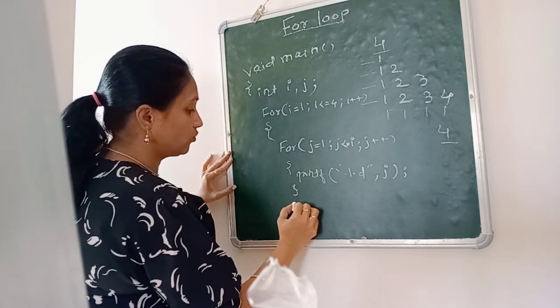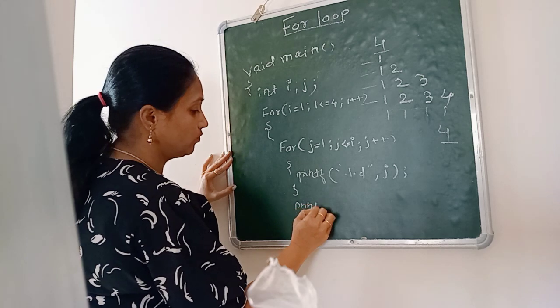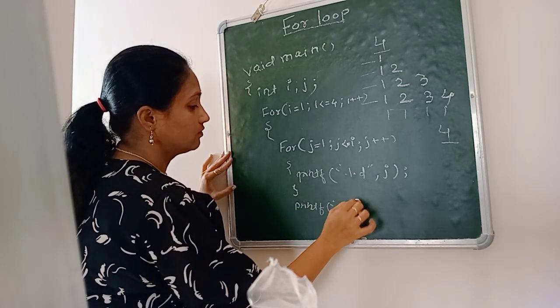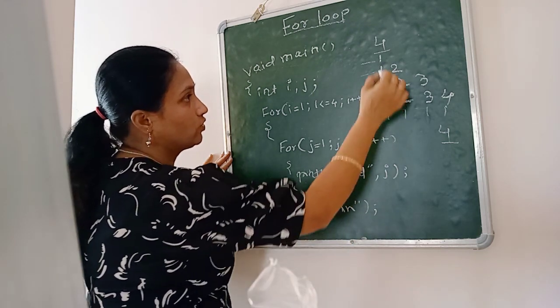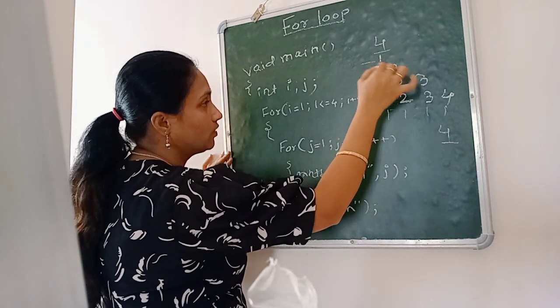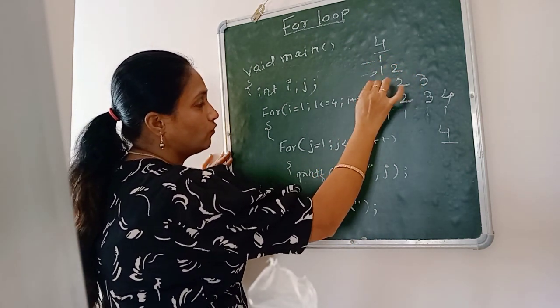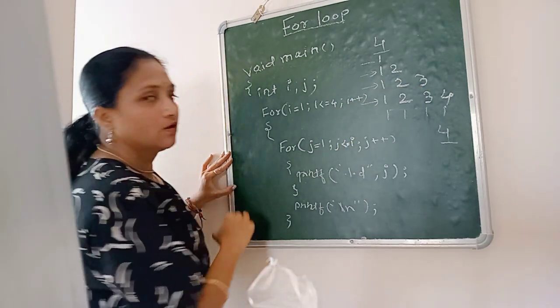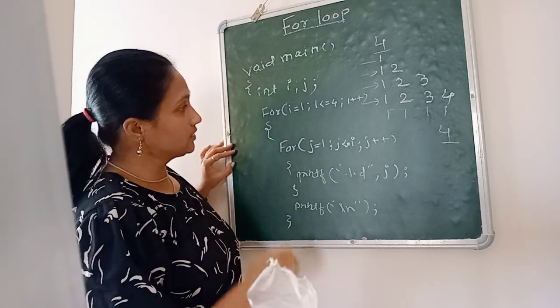This was the inner for loop, and for the outer for loop we have to simply get the cursor to the next line, because after every inner loop execution we want the cursor on the next line. Now I'll show you how this actually runs.